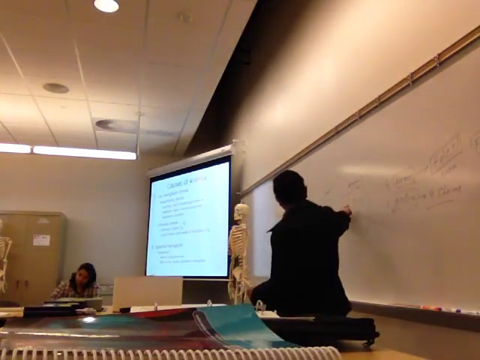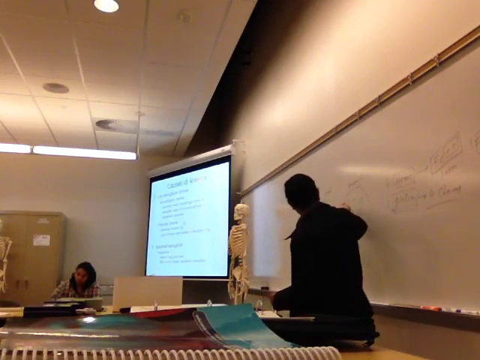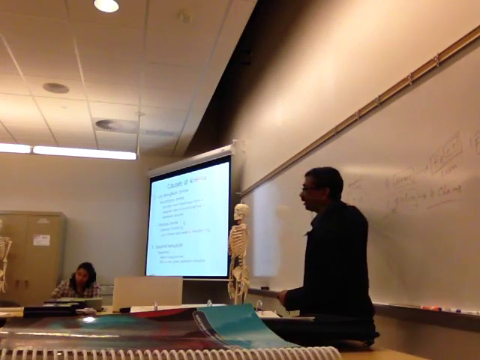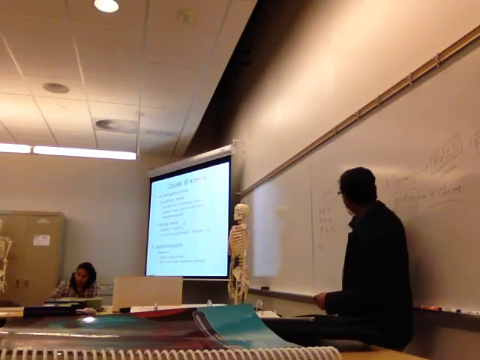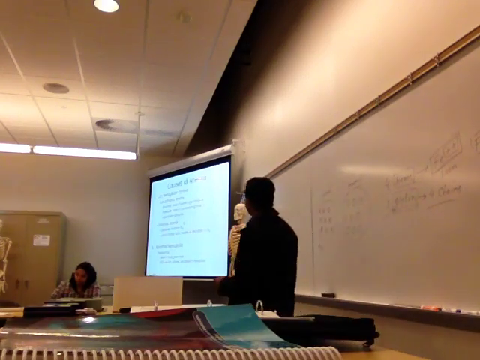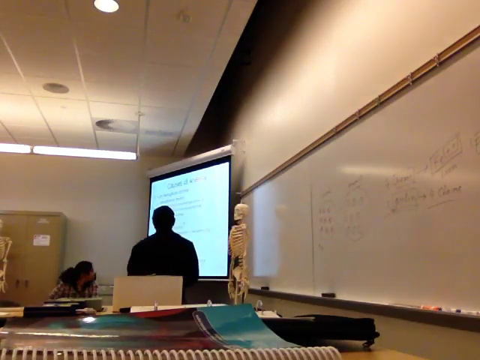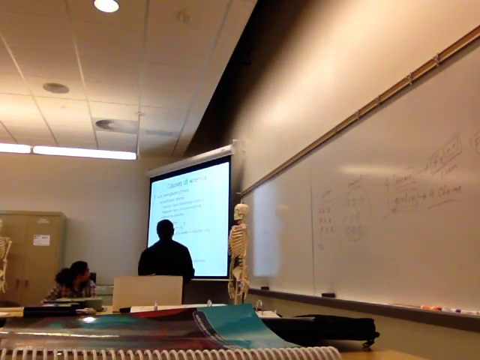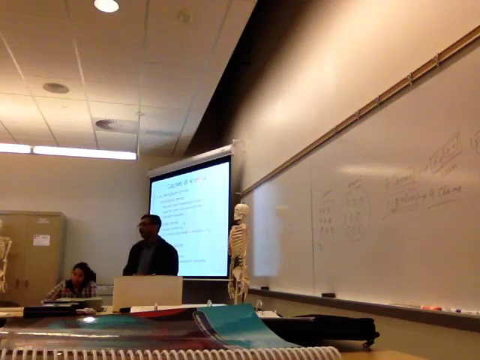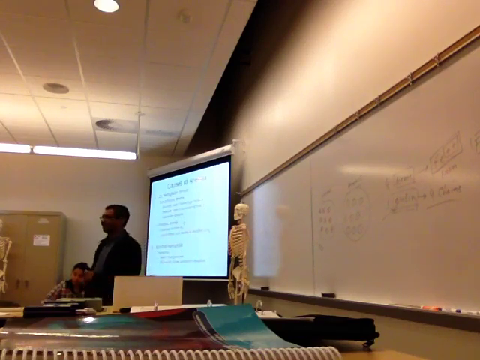Another is low hemoglobin content. If the hemoglobin amount is less, that is also anemia. The production of hemoglobin can be less due to a decreased amount of iron in the body.